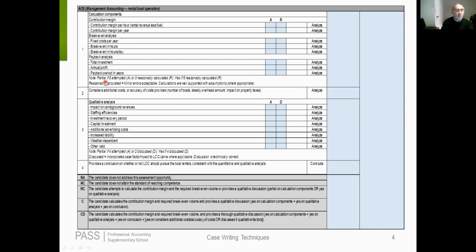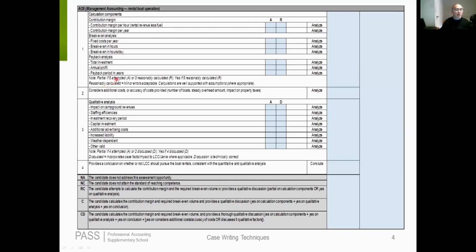So it says over here, partial if 5 attempted. If I did a poor job on the number crunching, but I hit 5 points, I might get 5 at the attempt level. Or 3 reasonably calculated. If you look at what reasonably calculated means, it means minor errors acceptable, calculations are well supported with assumptions.